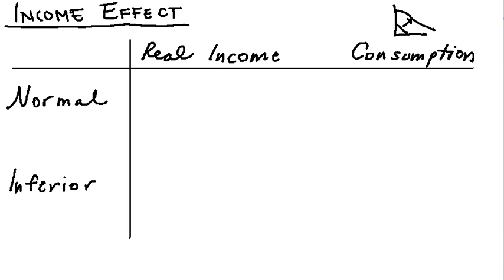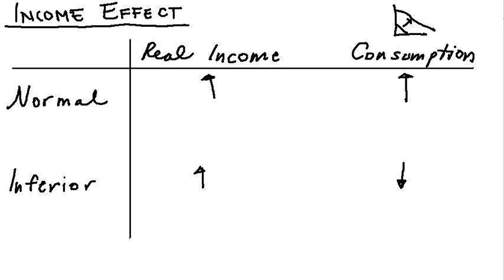So we can describe the income effect on a good by calling the good either normal or inferior. We call a good normal if, as real income increases, relative price held constant, consumption also increases. And we call a good inferior if, when real income increases, consumption decreases.